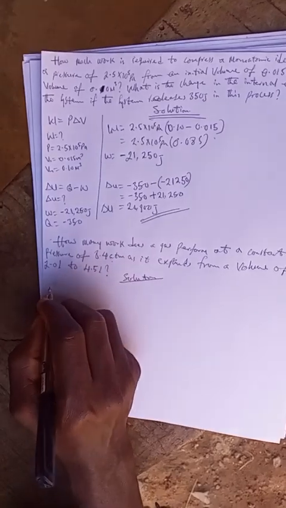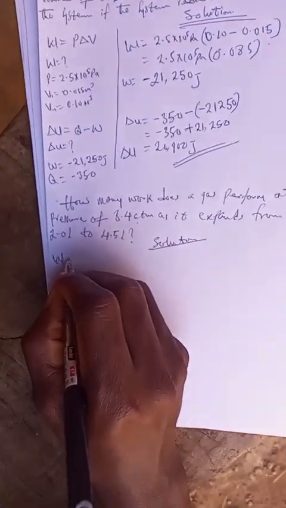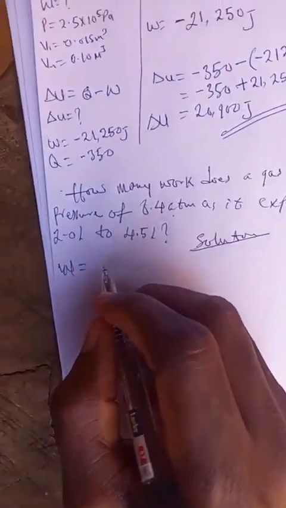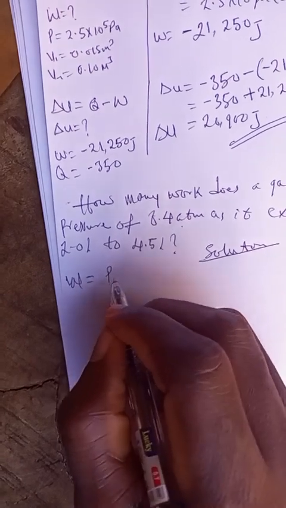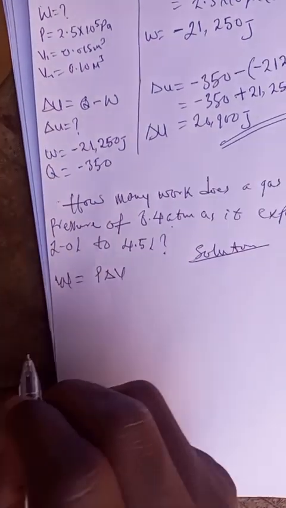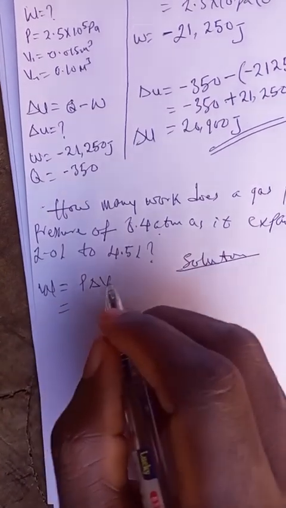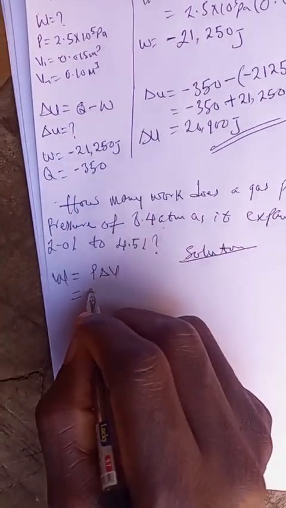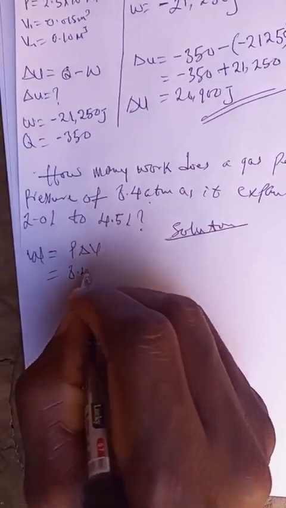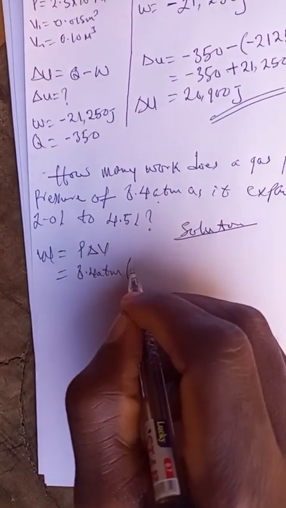To get the solution, we have to use the same formula. W is equal to, because they're asking for work done, P times change in volume. Our W is not given, we are looking for it. So P is 8.4 atm in bracket.